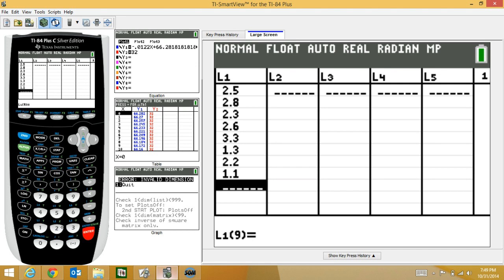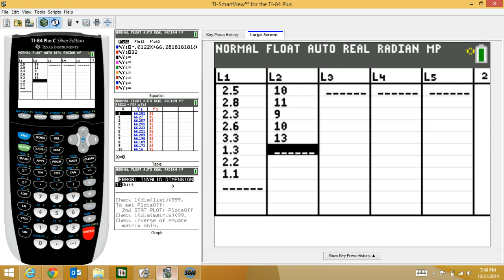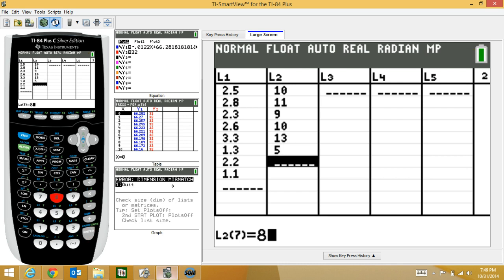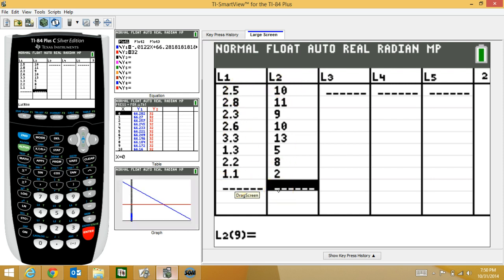And then we right arrow over to list 2, and there we're going to enter the dollars spent: 10, 11, 9, 10, 13, 5, 8, and 4. Again, pay close attention that we have the same number of data points in list 1 as we do in list 2. Otherwise, the calculator's not going to be able to graph it.